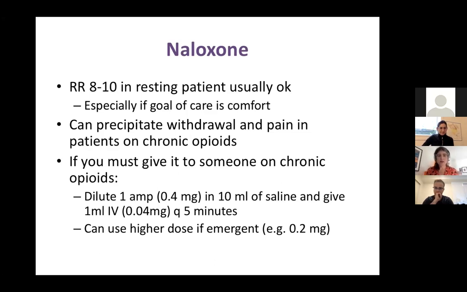It can make people really uncomfortable. I go with a really low dose. I have the nurse dilute the 0.4 amp in 10 mLs of saline and give a milliliter. So 0.04 Q5 minutes with all of us standing there. If it's emergent, if you're really worried about somebody's airway, you can give a little higher dose, like 0.1 or 0.2.